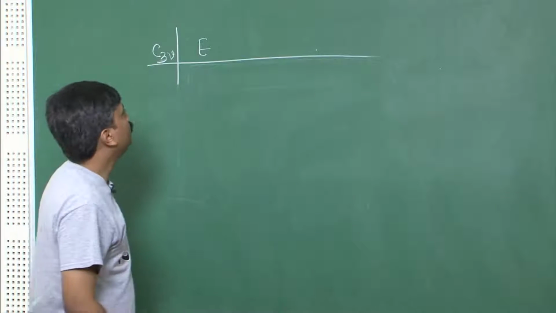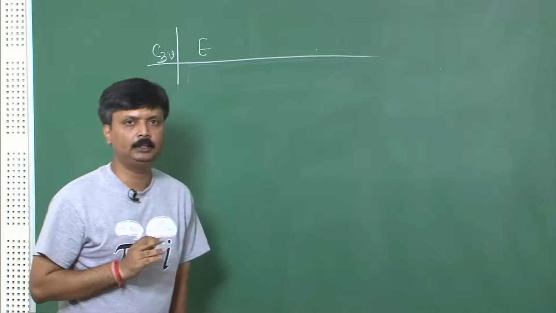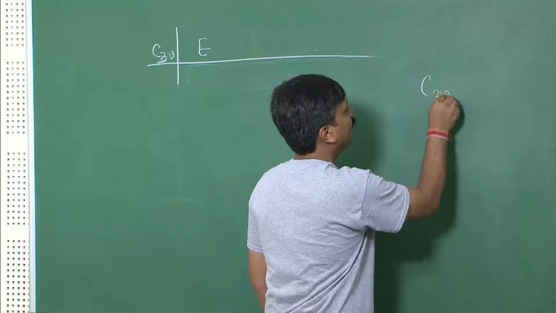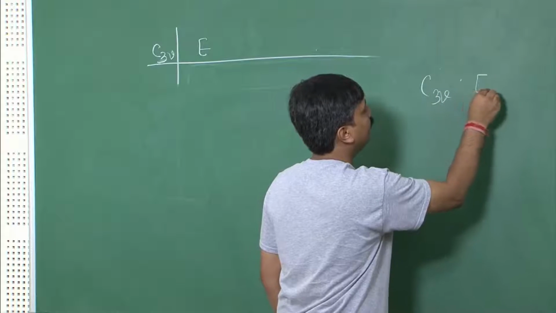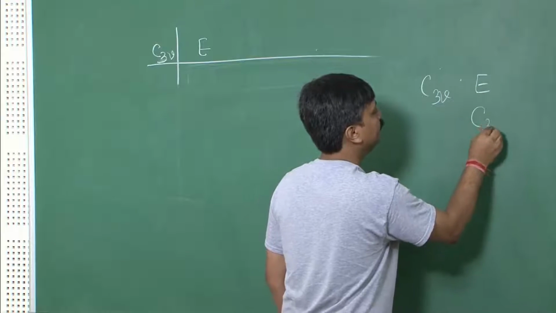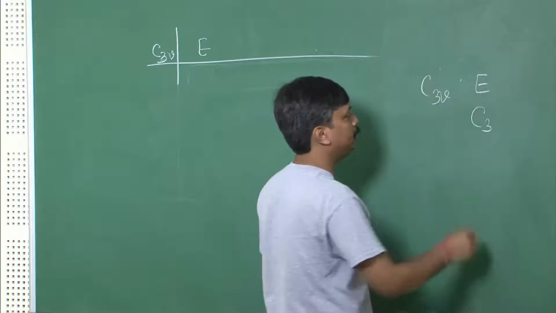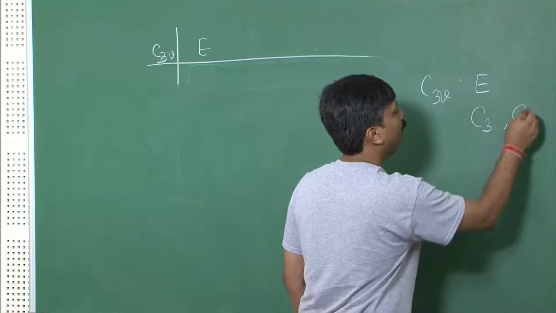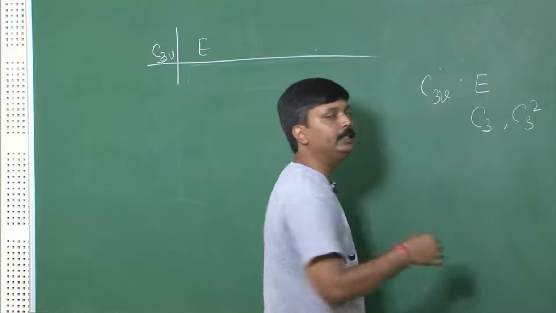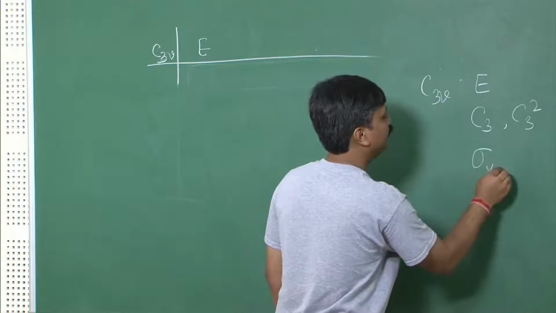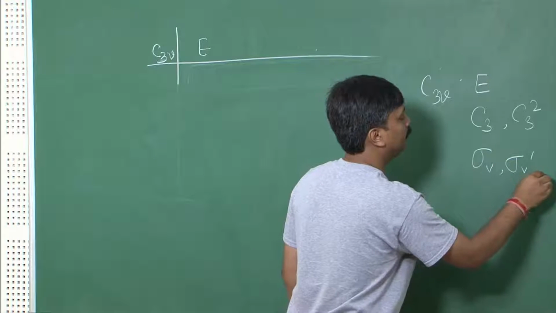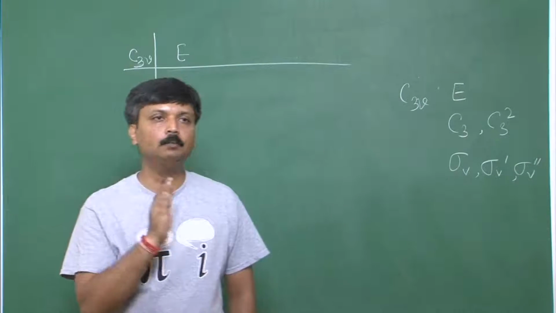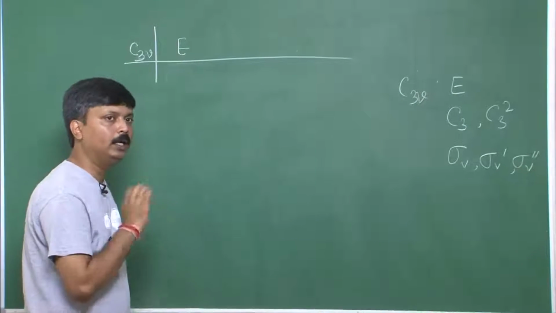What are the symmetry operations that the point group C3V has? C3V has identity, and it has C3 as the principal axis of symmetry, so the operations generated from that are C3 and C3 square, and there are 3 sigma V's: sigma V, sigma V prime and sigma V double prime, and these sigma V's are along the NH bonds, if I take ammonia as the example.